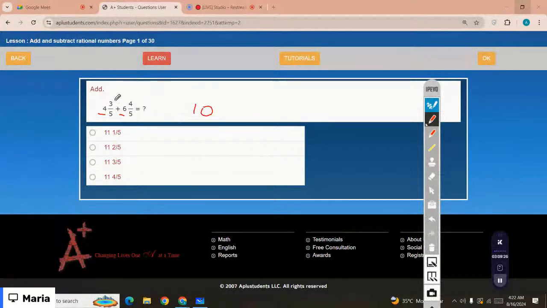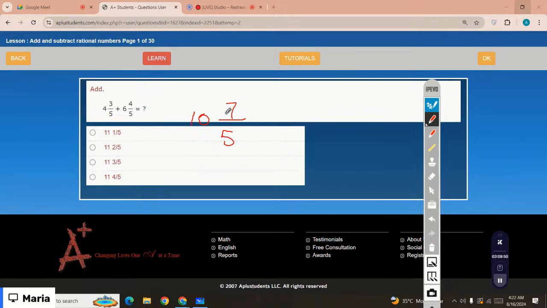And 4 plus 3 is 7 over 5, but we cannot write it like this, right? The numerator must not be greater than the denominator, right? So we have to look for the, that is 10 whole 7 over 5, right?